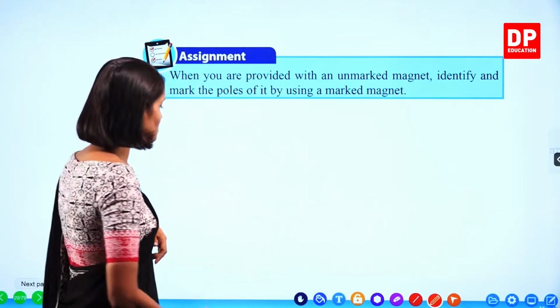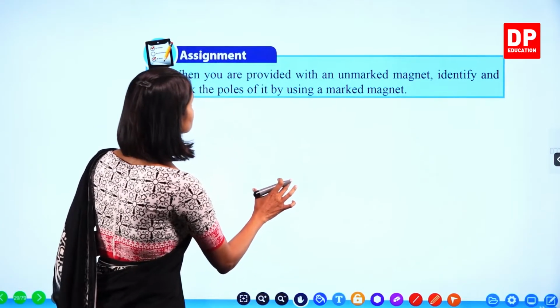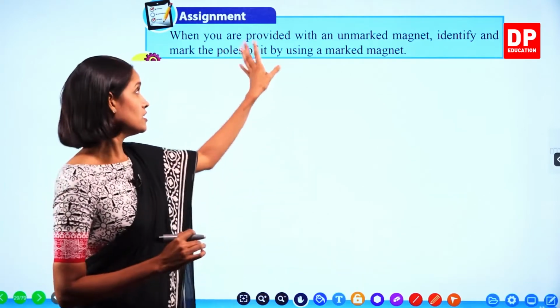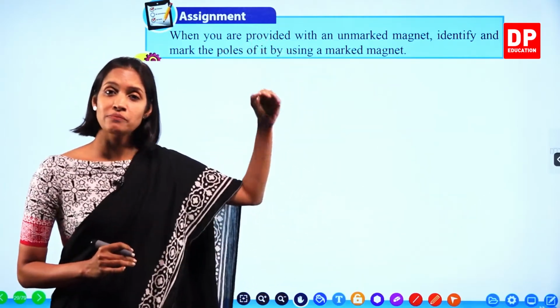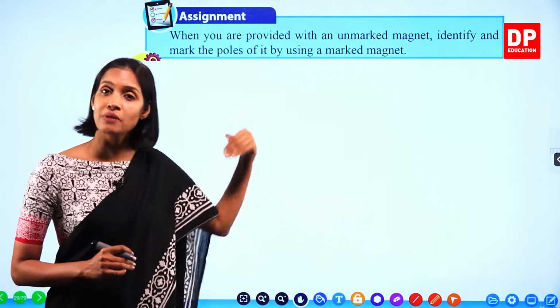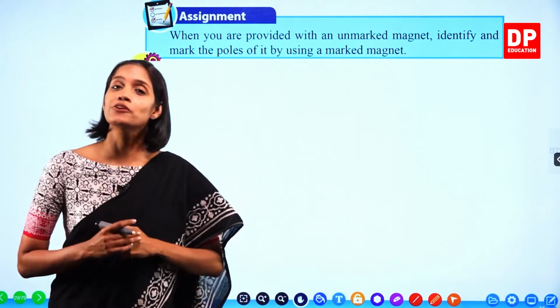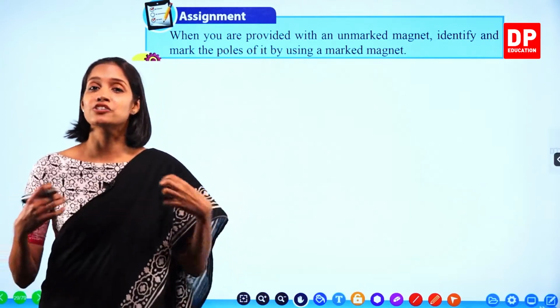How to do this activity, children? Let's write. What is the main theory that we have to use when we are going to find out the poles of the unmarked magnet using the marked magnet? Yes, we are going to use the attraction and repulsion of the poles.